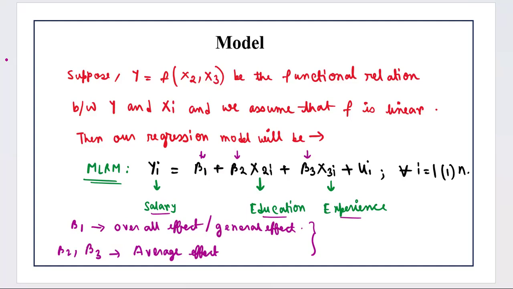We will try to estimate in this video beta 1 cap using OLS, beta 2 cap using OLS, and beta 3 cap using OLS, and that will give us the model estimation. Before going into that, in order to find the estimated model, we always start with the residual of the model. What will be the residual?